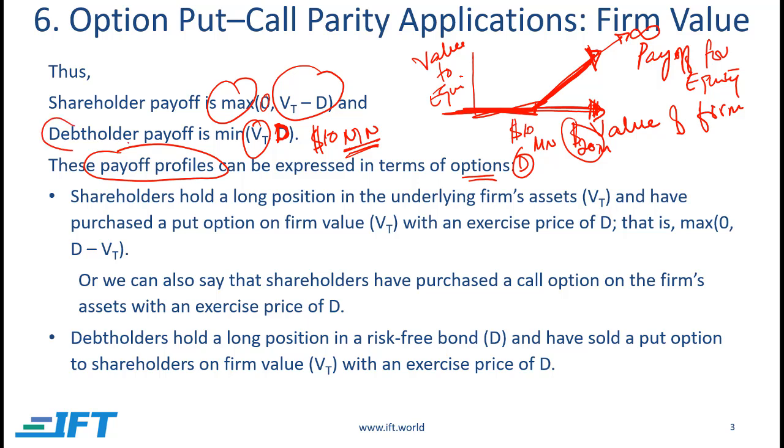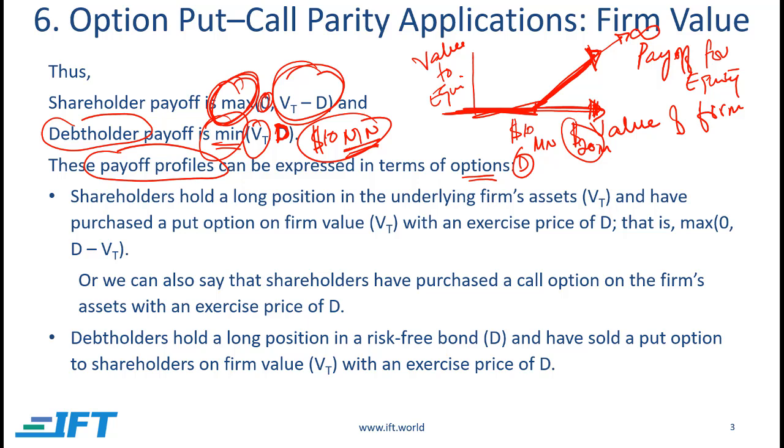So the debt holder will either get zero or the maximum of 10 million, whichever is lesser, and the shareholder will either get zero or sky is the limit, whichever is greater.